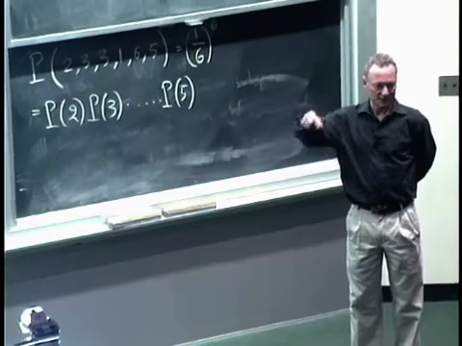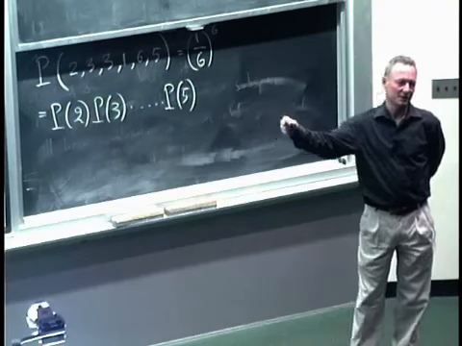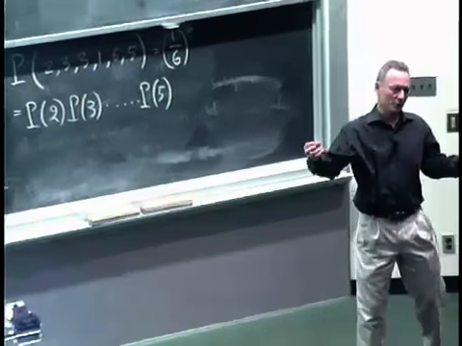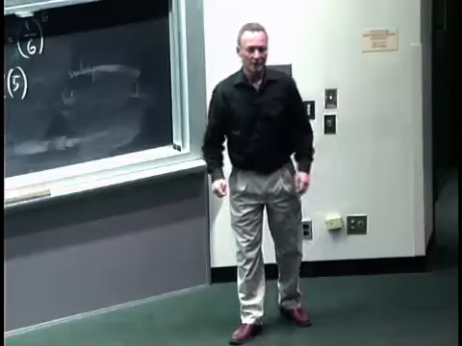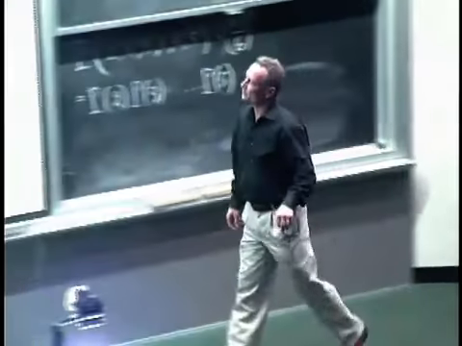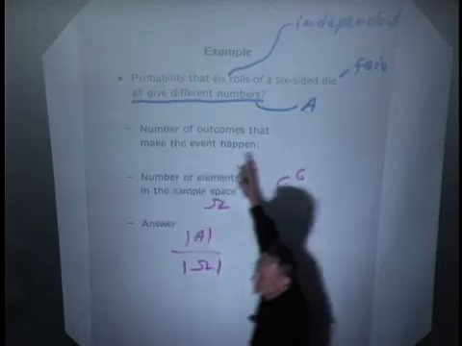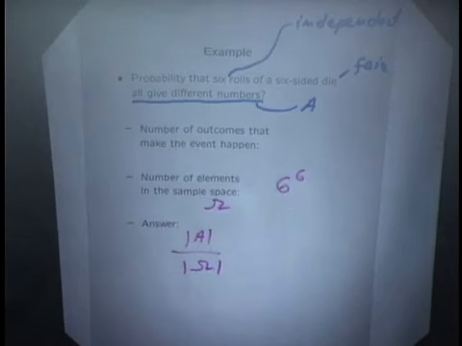We're going to get 6 different numbers. This means that we're going to exhaust all the possible numbers, but they can appear in any possible sequence. So an outcome that makes this event happen is a list of the numbers from 1 to 6, but arranged in some arbitrary order. So the possible outcomes that make event A happen are just the permutations of the numbers from 1 to 6.